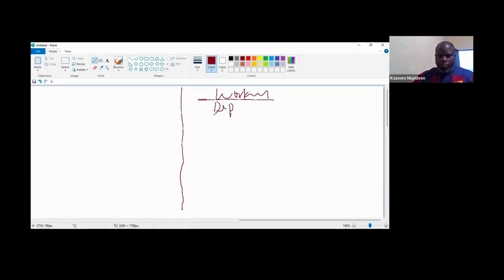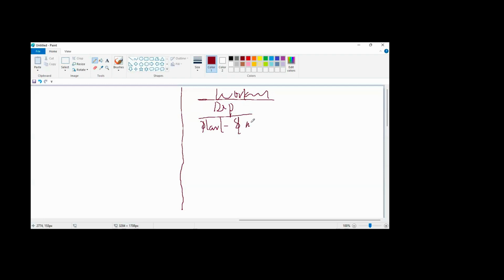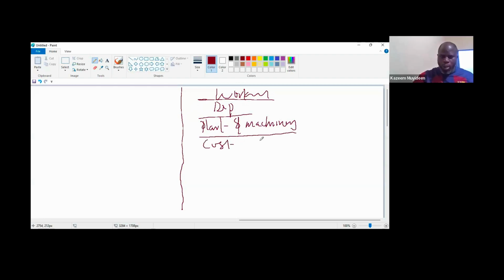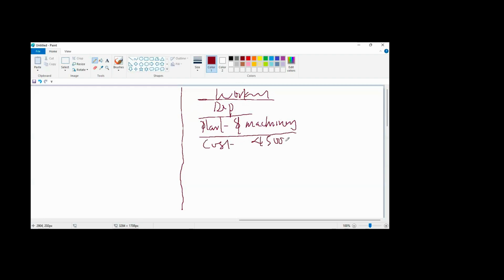Depreciation. Two things we are depreciating here. Land is not depreciated. Then there's depreciation on the plant and machinery. They've given me the cost, which is 45,000, 45 million.